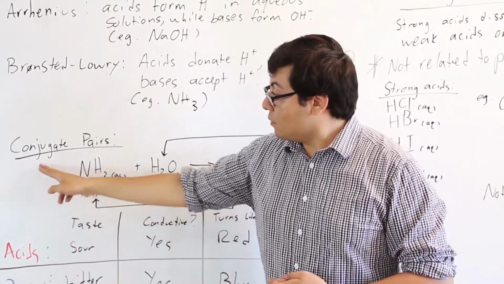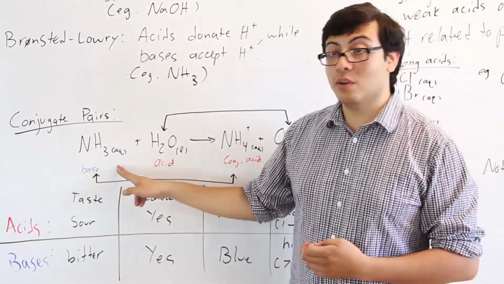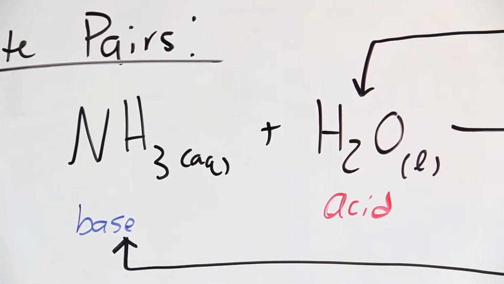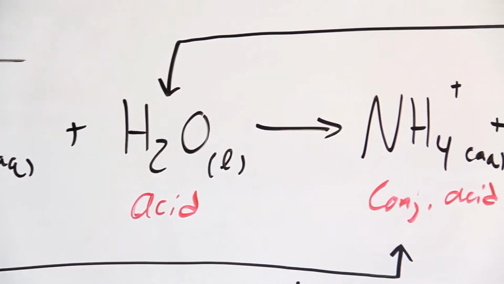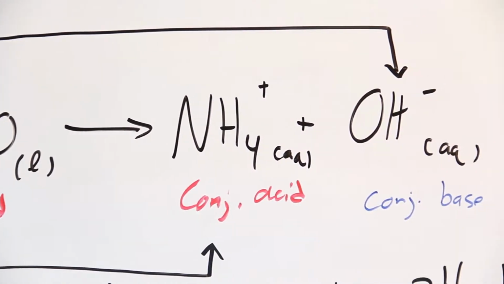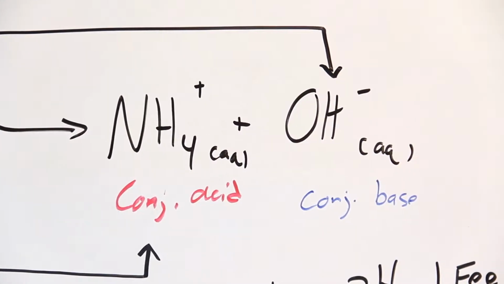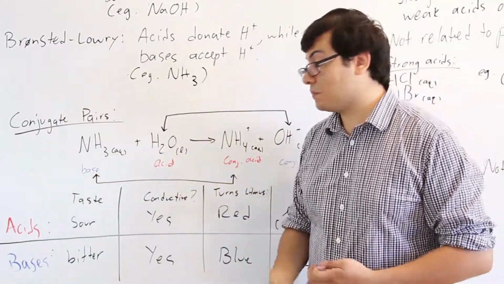We'll talk about conjugate pairs in a second, but over here I've drawn out the acid-base reaction between the base ammonia and water, which can, under certain circumstances, act as an acid or a base. In this case, it's going to act like an acid. According to the Brønsted-Lowry theory, bases are proton, H+, acceptors, whereas acids donate H+.